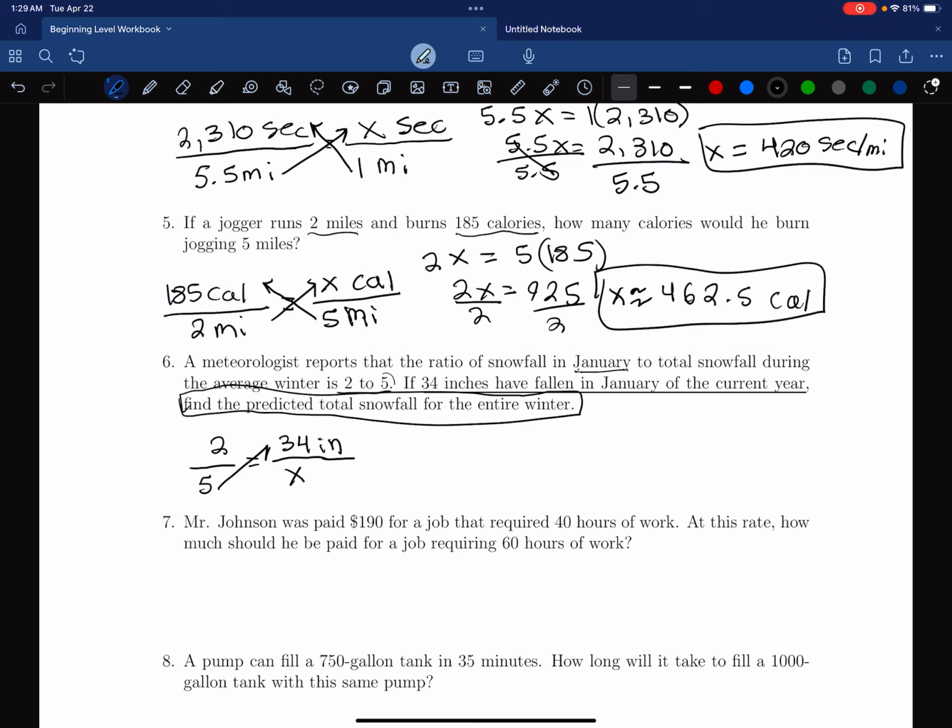To solve for x, we cross multiply, so you get 5 times 34 equals 2 times x. 5 times 34 is 170, so 170 equals 2x. Divide both sides by 2, and you get x equals 85 inches of snow in total.